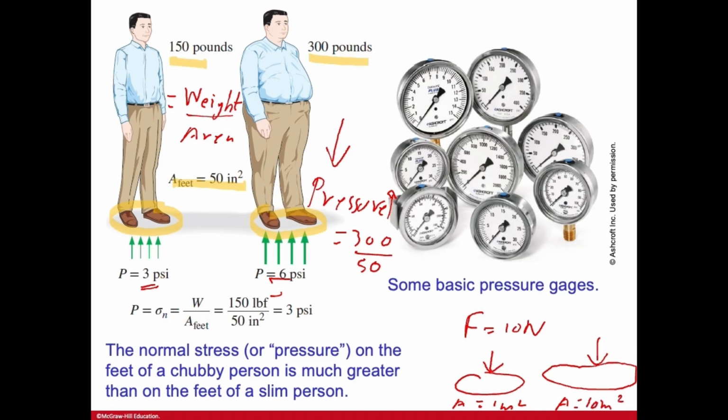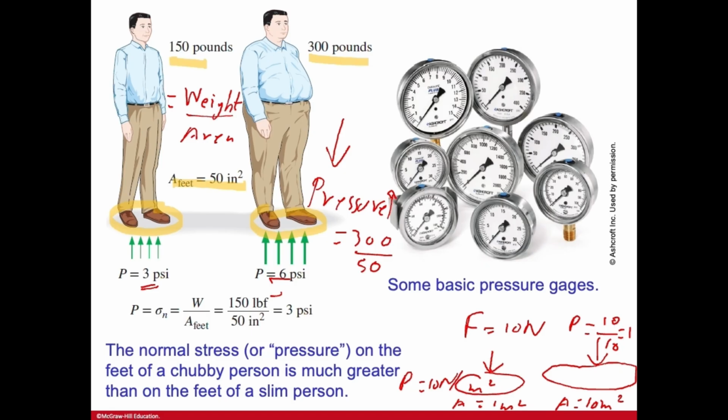So in the first case, the pressure would be 10 newtons per meter square, while in the second case, the pressure will be 10 over 10, so that is just 1 newton per meter square. So if the force remains constant and it acts on a larger area, the pressure will be less versus if it acts on a smaller area.